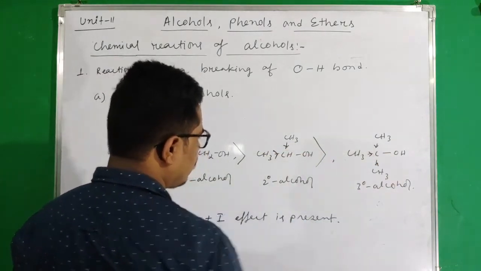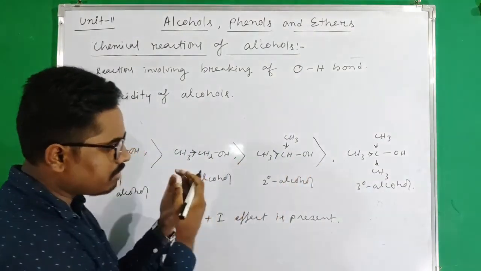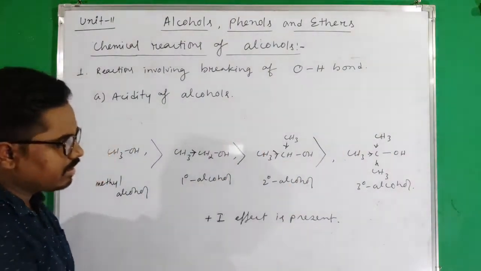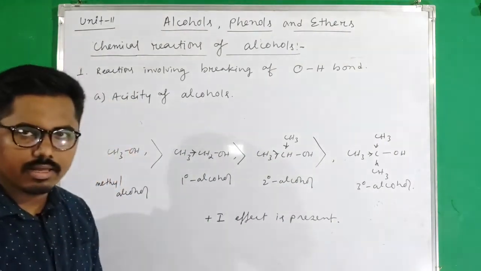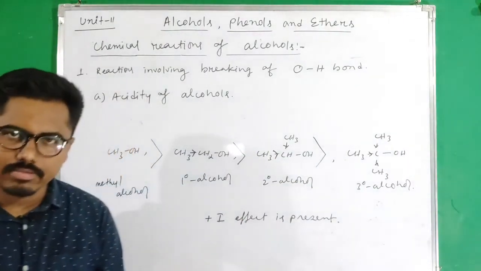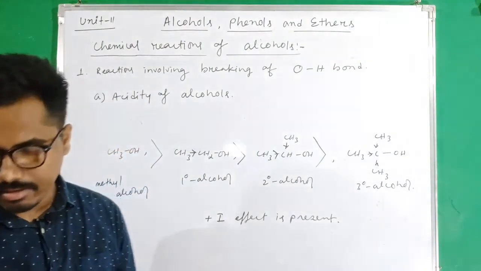That means these groups will not attract the electrons towards themselves, but they will push the electrons away from them. Therefore the H positive ion will not be released easily. Okay, hence the acidity decreases. So we have studied about acidity of alcohols and phenols.